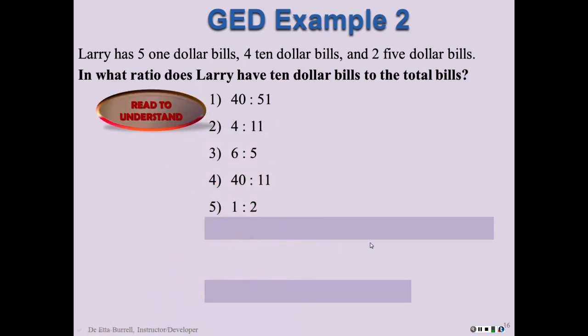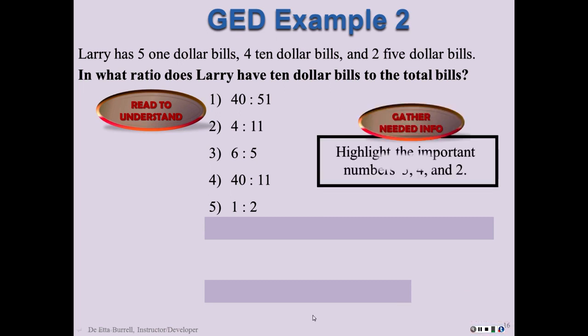Well, I guess I need to total it to figure out what the total is. What's the total? 11 bills. No, it says $10 bills. How many $10 bills do I have? 4. So 4 to 11 would be correct, right? You have got to read the question.